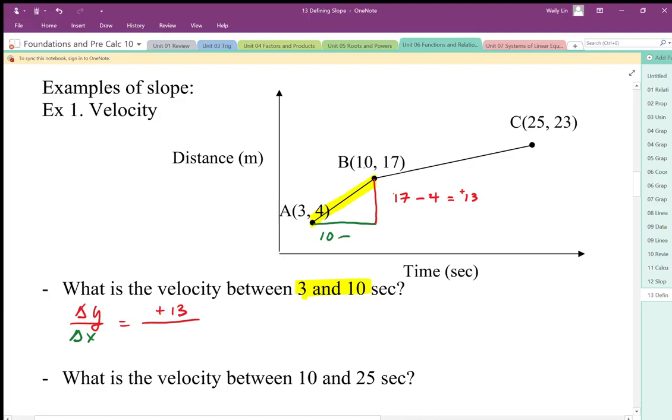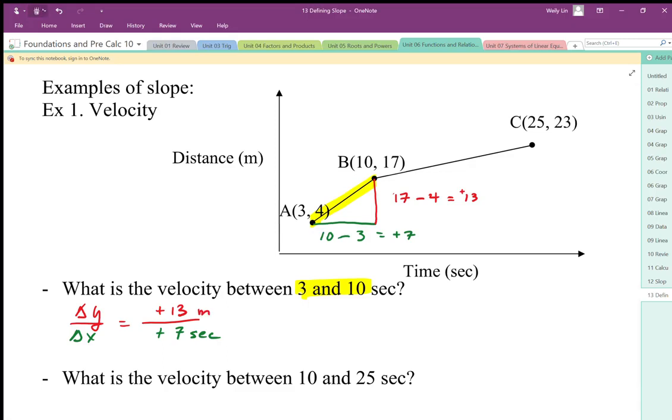Okay, so we end at 10 seconds. We start at 3 seconds, so my change in time is over 7 seconds. So that's plus 7. Okay, and I forgot to put my units in here. This 13 represents a positive 13 meter change.